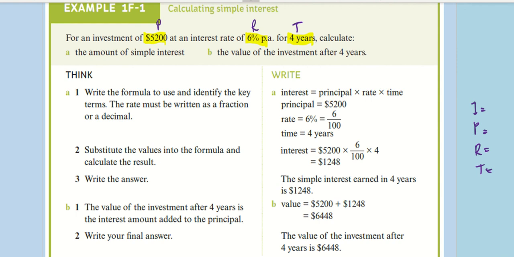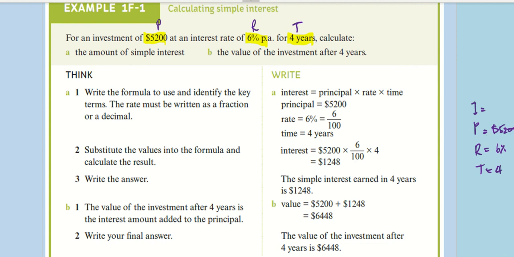I will often get you to list each of these: P, R, and then T equals 4.